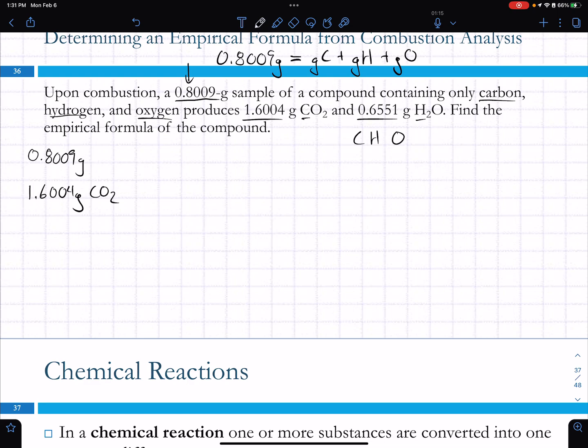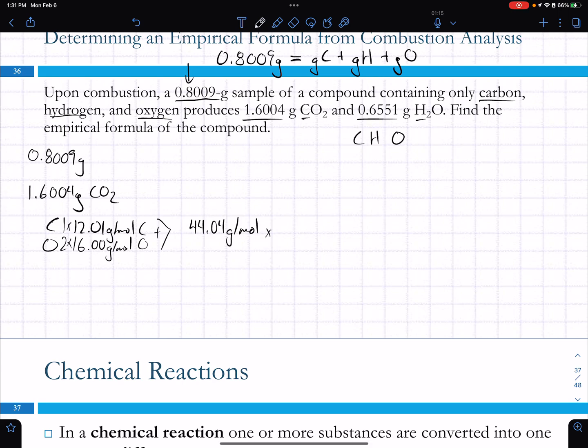So CO2 will have 12.01 grams per mole carbon and 16.00 grams per mole oxygen. So carbon, oxygen, we have one carbon, two oxygens. That is going to be 44.04 grams per mole total.